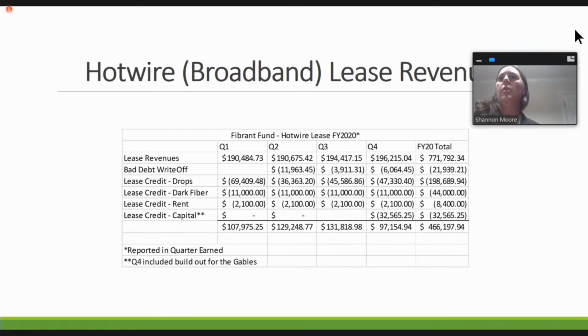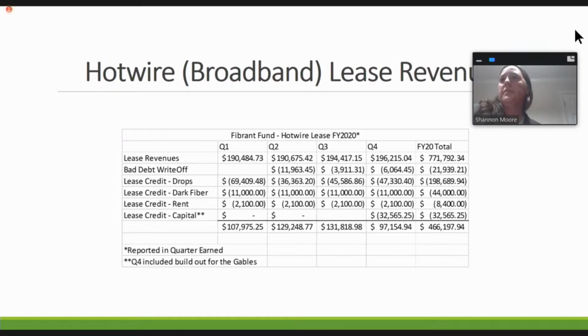And then on the Hotwire broadband lease revenues that we receive from Hotwire, we have received our 4th quarter information regarding the lease revenues and the credits to the rent based on that lease agreement. You will notice that there is another small write-off in the 4th quarter. And again, these are quarters based on when those receipts come in and in the quarter earned.